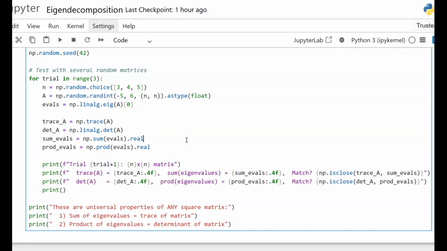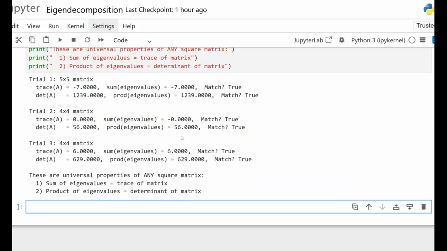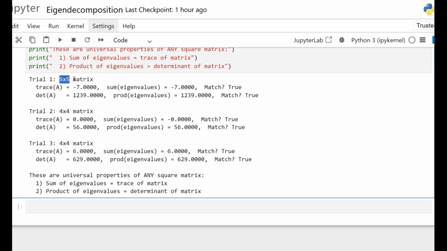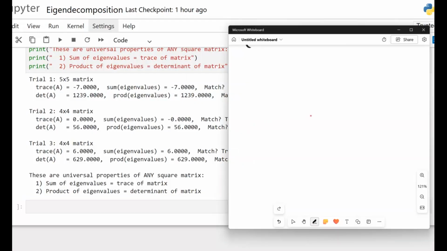So let me execute, and when we go to trial one, here we have a 5 by 5 matrix and here a 4 by 4 matrix. The sum of all the roots is equal to the trace, and the product of the roots is equal to the determinant. Actually, this comes directly from the characteristic polynomial, the determinant of A minus lambda I. From polynomial theory, the sum of roots equals the trace and the product of roots equals the determinant.